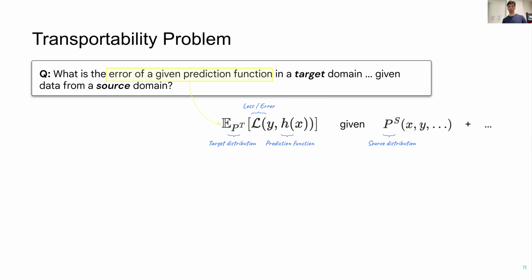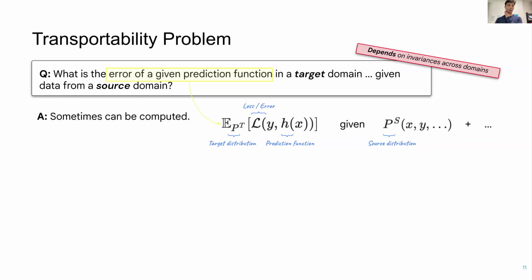And so to make the contrast between this target distribution and the potentially source distribution that you have access to, we'll write PT for target and PS for source. And so the learning problem in this case is to try to evaluate this expectation given that you have some data from some source distribution, okay, and possibly also other things.